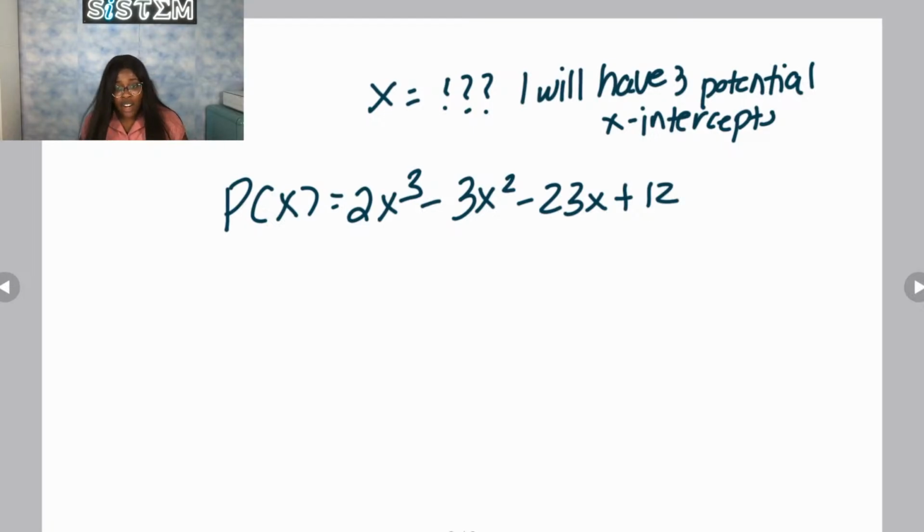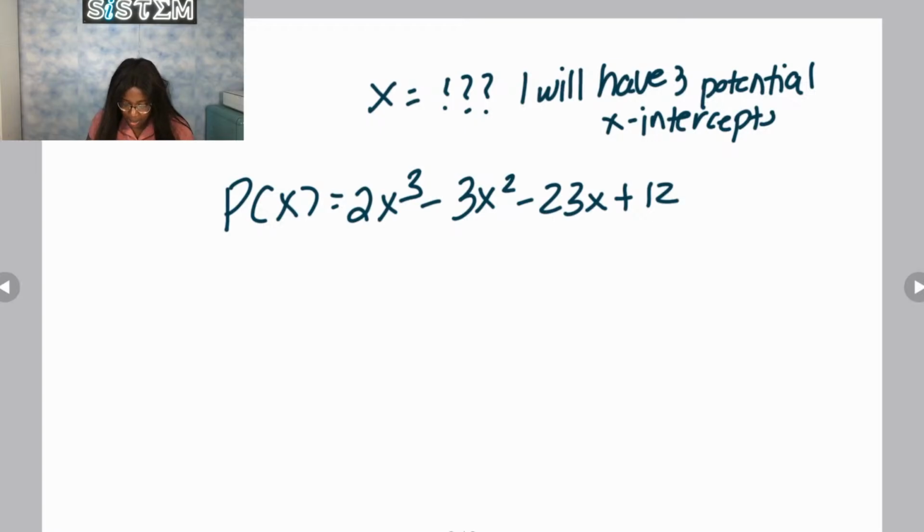Now, if you want to figure out how many negative intercepts you'll get, same thing. However, instead of using a positive x, you're going to put negative x in. So 2(-x)^3 - 3(-x)^2 - 23(-x) + 12.